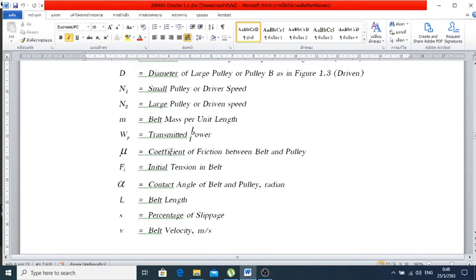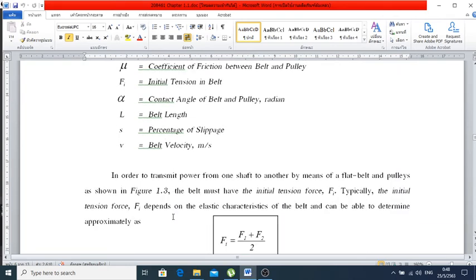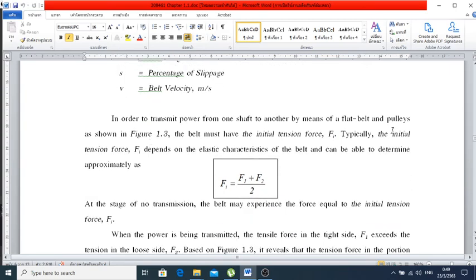Mu is the coefficient of friction between the belt and the pulley, and F1 is the initial tension in the belt. Alpha is the contact angle of the belt and the pulley in radians, L is the length, S is the percentage of slippage, and small v is the belt velocity. It's like that.